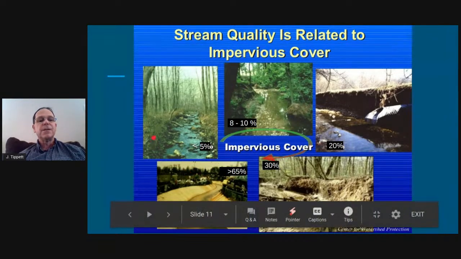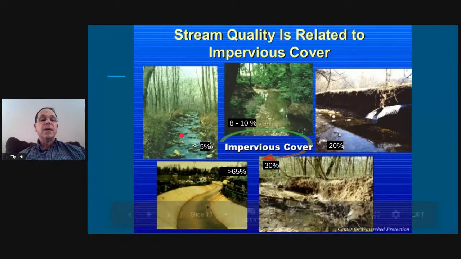This is a watershed with 5% impervious cover, a pretty natural looking stream. This is a watershed with around 8 to 10% impervious cover. Start to notice the changes you're seeing in the streams and the stream banks. This is a watershed with around 20% impervious cover.